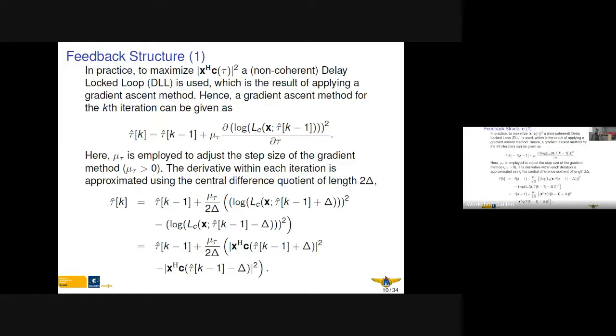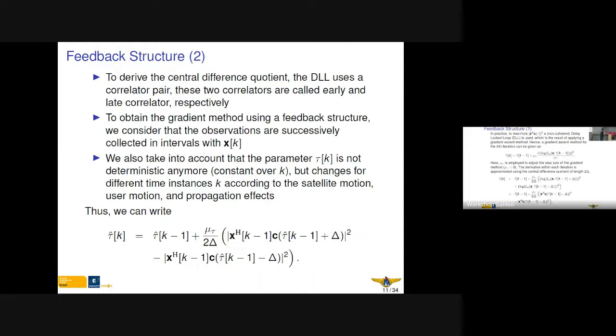If we now plug in what we derived, the logarithm of the concentrated likelihood, then we can see in the end we get |x^H c(tau hat k minus 1 plus delta)|^2 minus |x^H c(tau hat k minus 1 minus delta)|^2.